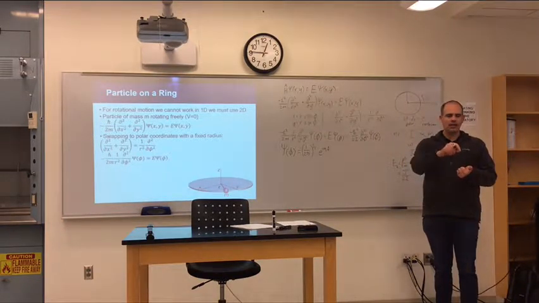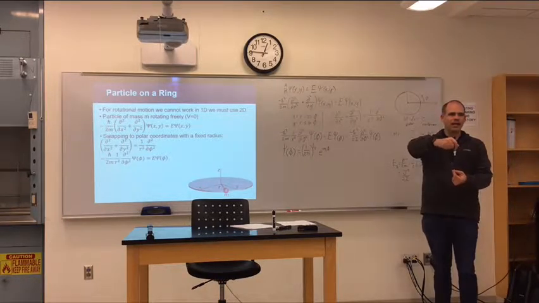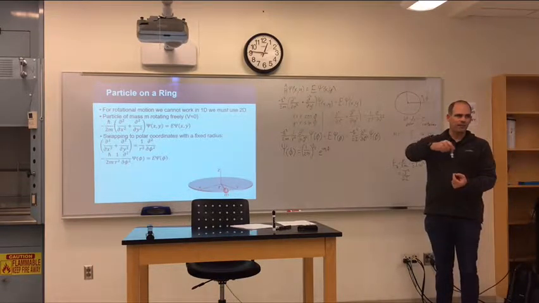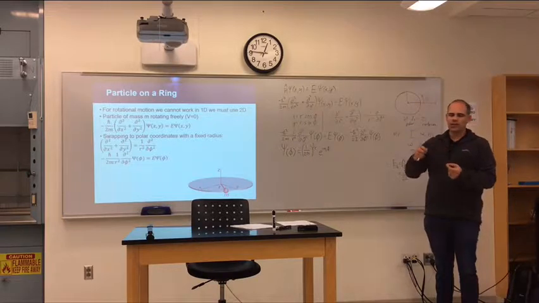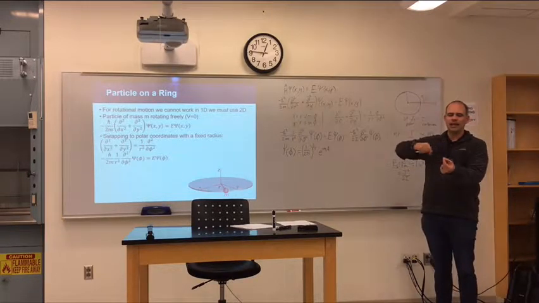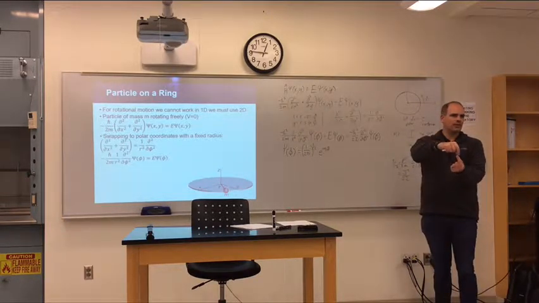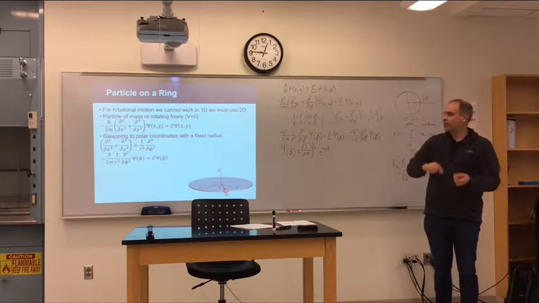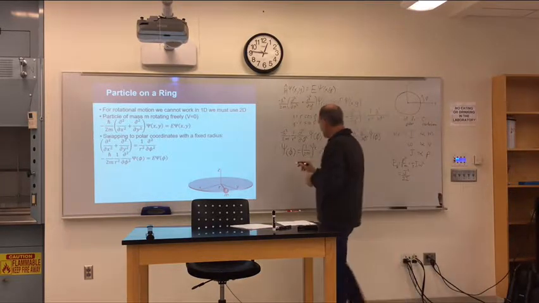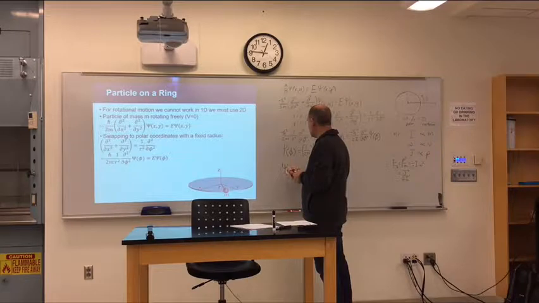So at any point around the ring, there should only be one value. Now, because it's traveling around the ring, it's going to come back and travel around the ring again, and keep traveling. So each time that it comes around, it needs to line up with where it was the first time around.